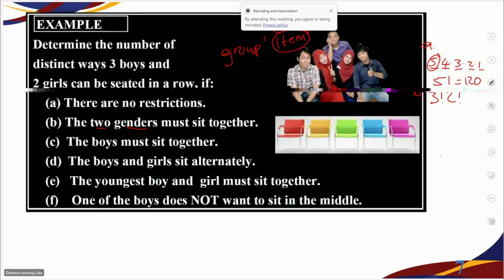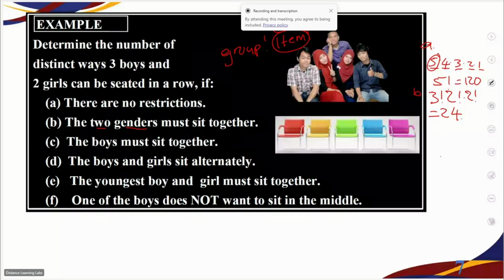Then our answer would be 3 factorial, 2 factorial by 2 factorial. That is the same as 24. Meaning, if the 2 genders must sit together, then they can sit in 24 different ways.